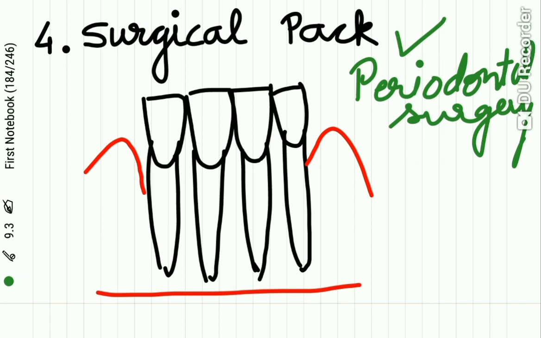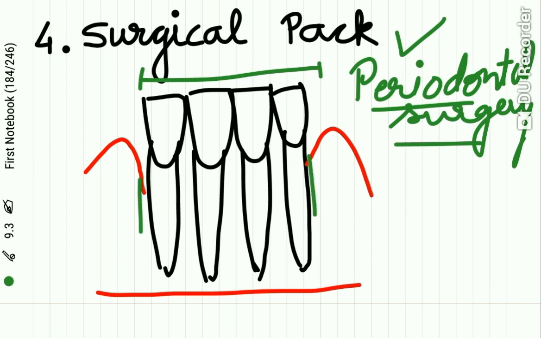Suppose this is the mandibular anterior region. These are the incisors, mandibular incisors, and suppose a periodontal surgery is done in this region. If the diseased tissue is removed and sutures cannot be placed in this region in the attached gingiva, so what is done?